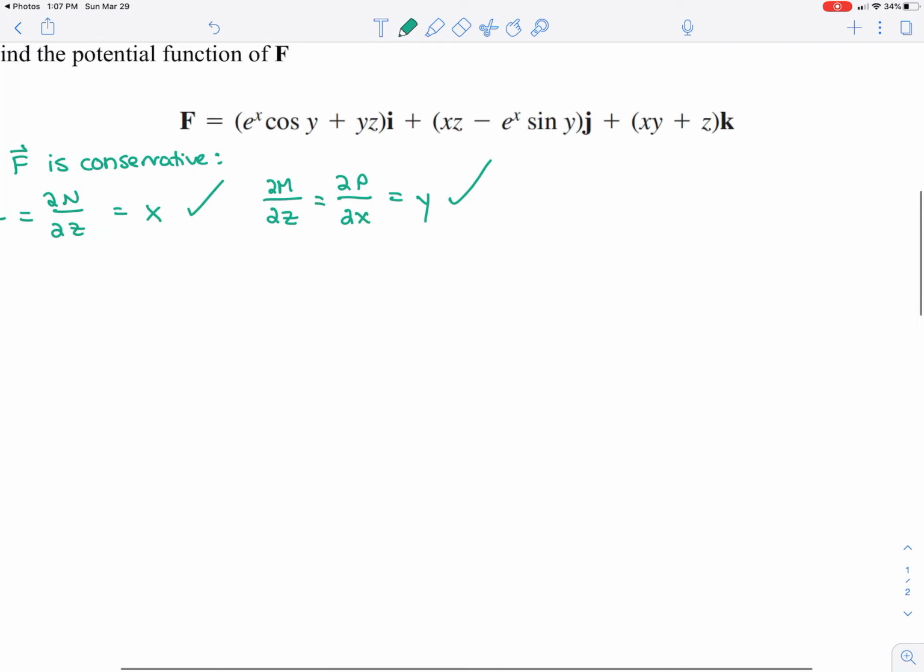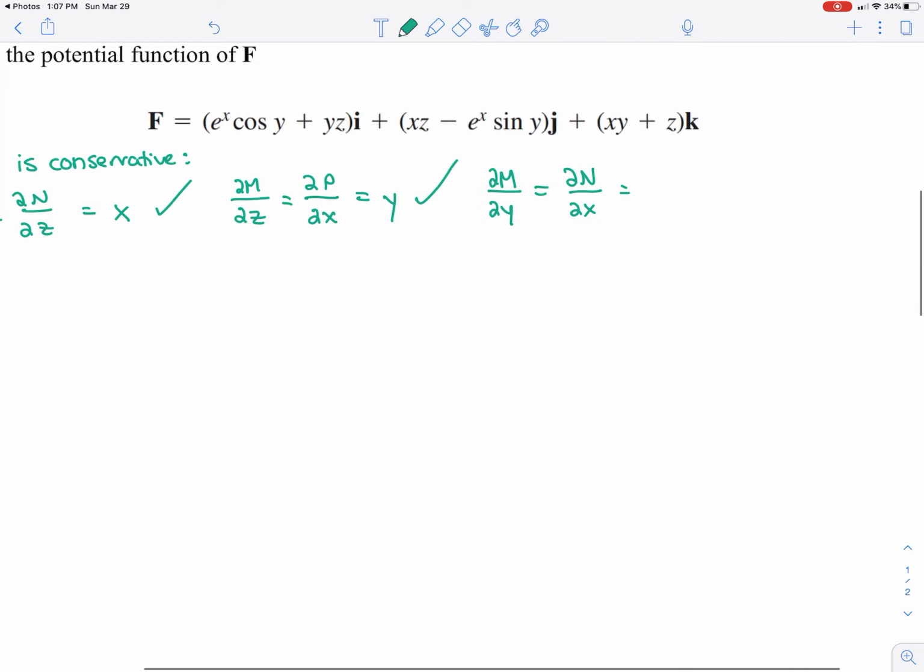And then the very last one was dm dy needed to equal dn dx. In this case, dm dy is going to be negative e to the x sine y plus z. Yeah, that's kind of big. And then let's check dn, the derivative of the n component with respect to x.